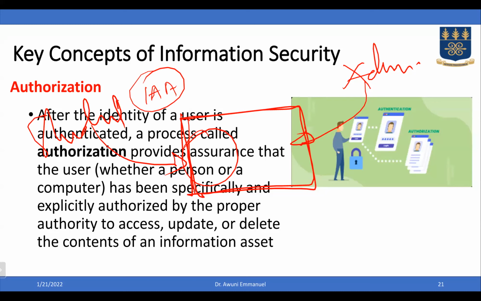For instance, maybe you want to make modifications to your profile. The system may be developed in such a way that you can make modifications to your profile, but you cannot delete your profile, meaning that you are only authorized to use the aspect that you are mandated to use.